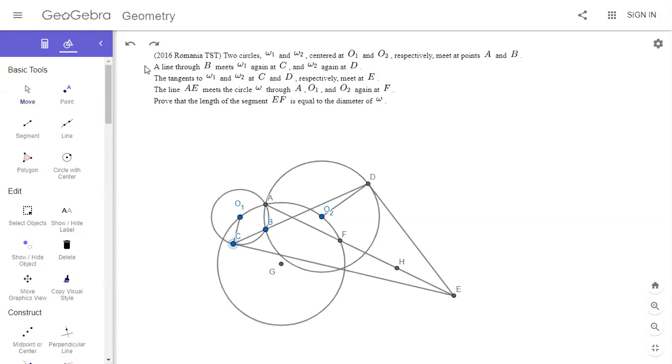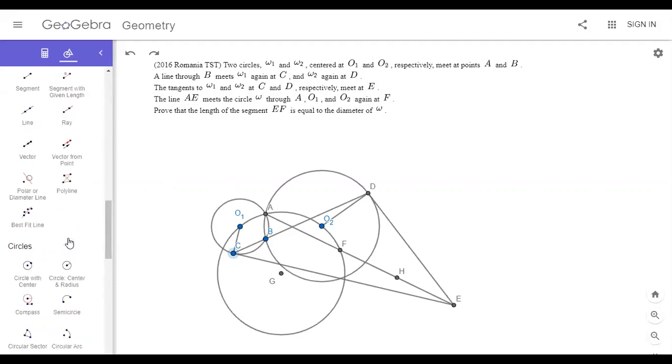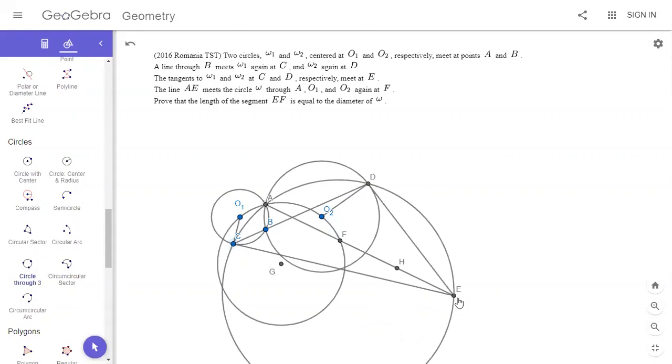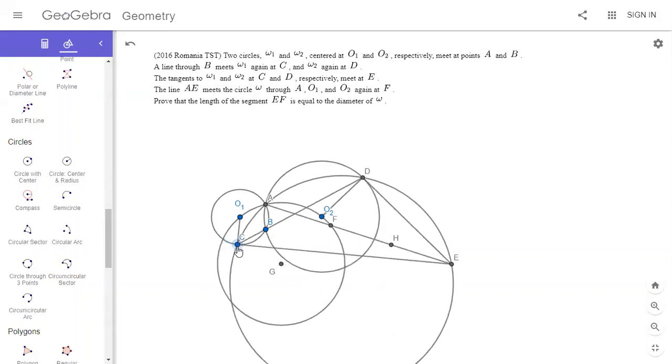Yeah, obviously O1AO2B is a kite. Can you draw the circumcircle of CAD? All right. Ah, passes through E. You must have seen that.